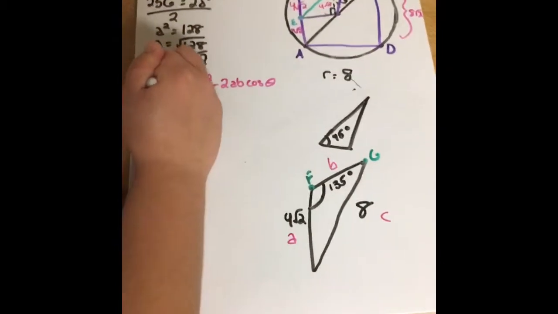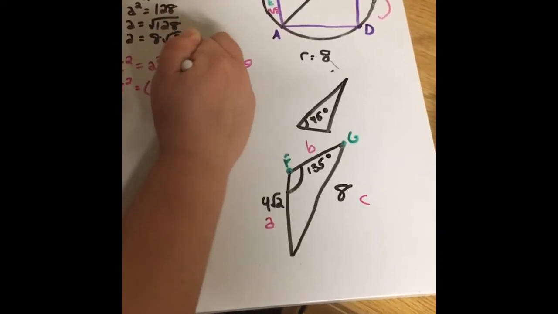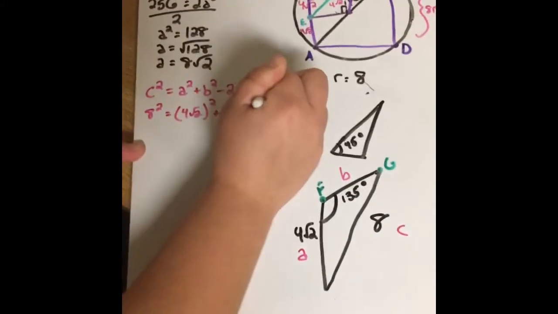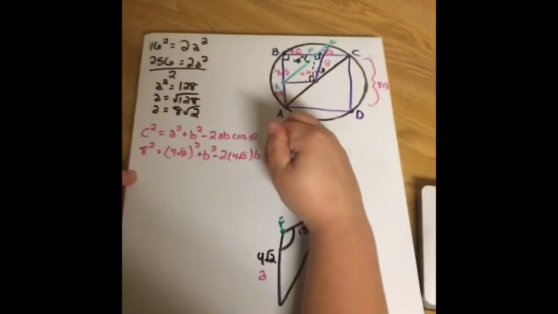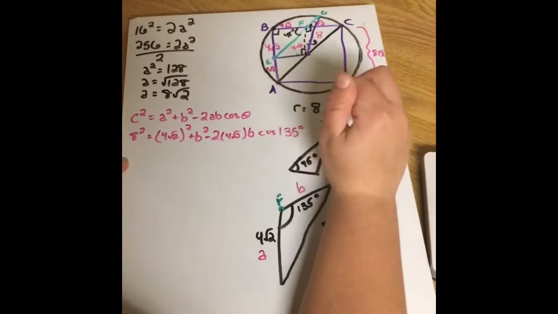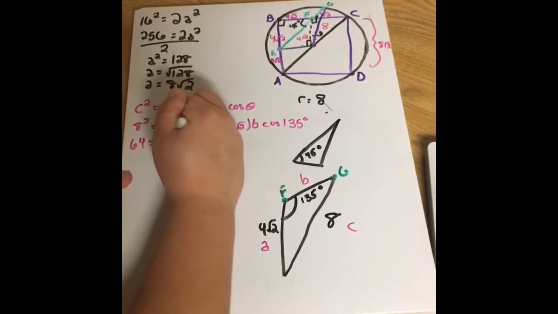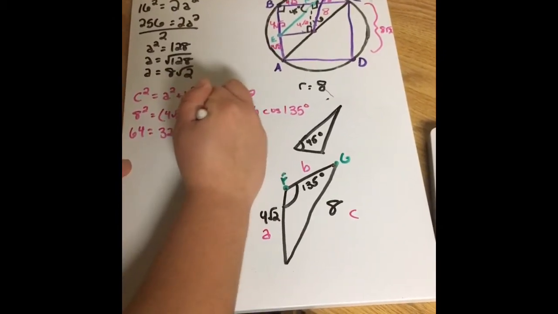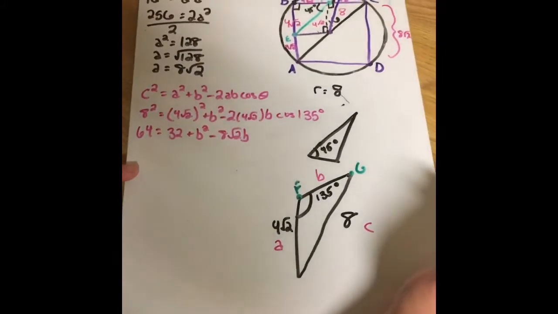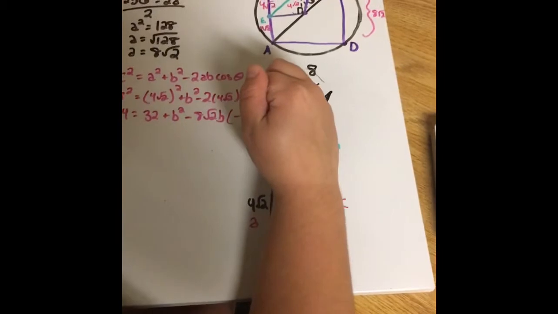So we'll have 8 squared equals 4 root 2 squared plus B squared minus 2 times 4 root 2 times B times the cosine of 135 degrees. So you will get 64 equals 32 plus B squared minus 8 root 2 B. And we know that the cosine of 135 degrees, according to our unit circle, is negative root 2 over 2.